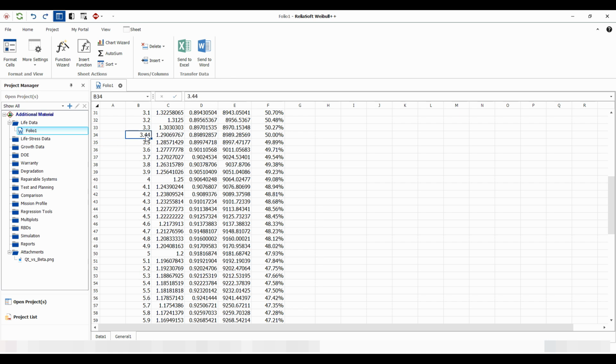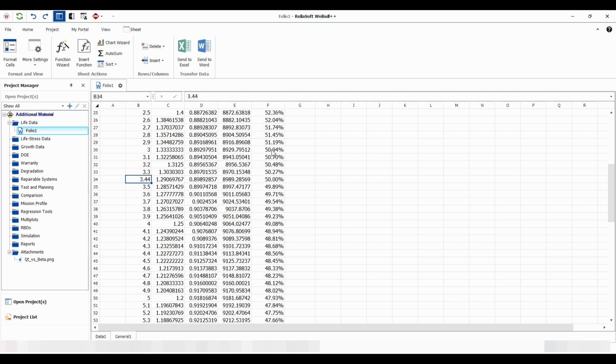We know from theory that at 3.44 the shape of the Weibull distribution becomes symmetrical, becomes a normal distribution. And for a normal distribution, the probability of failure and probability of survival are exactly 50%. It's a symmetrical distribution, therefore it's 50%.